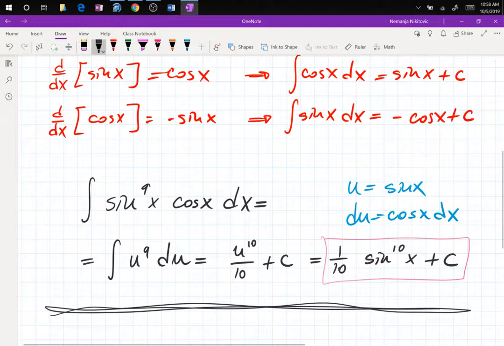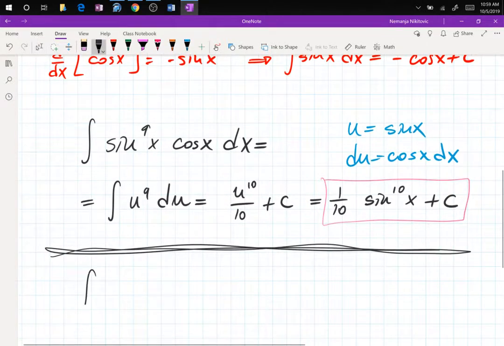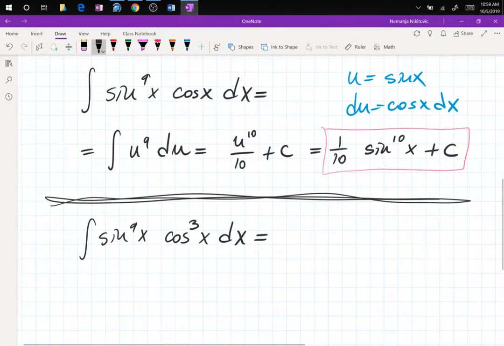Now for Calc 2, what we do is we mess with these exponents. So for a Calc 2 question, I still have sine to the 9x, but now I have cosine cubed x dx. So this is your Calc 2 question in comparison to your Calc 1 question up there. So now the cosine has the cube on it, and you have to deal with that as well.